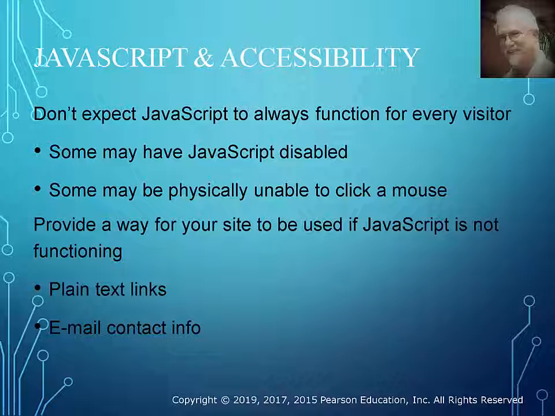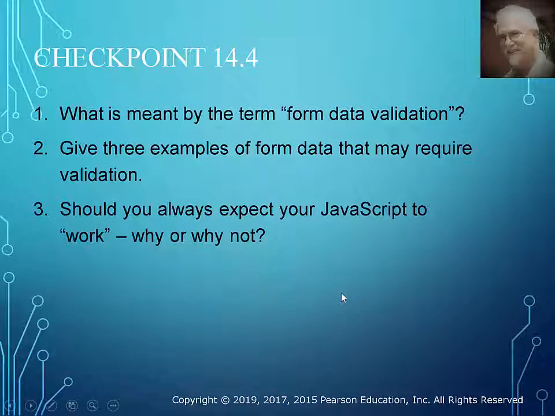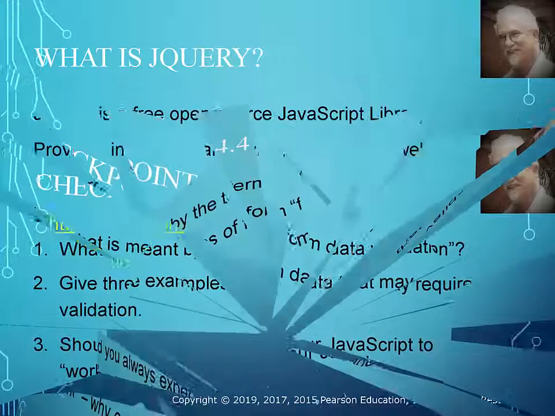One way of doing it is to create plain text links, or to have something like email contact information. You should be familiar with form data validation. We're going to do that with the walkthrough with the student data files. It's just not always going to work.